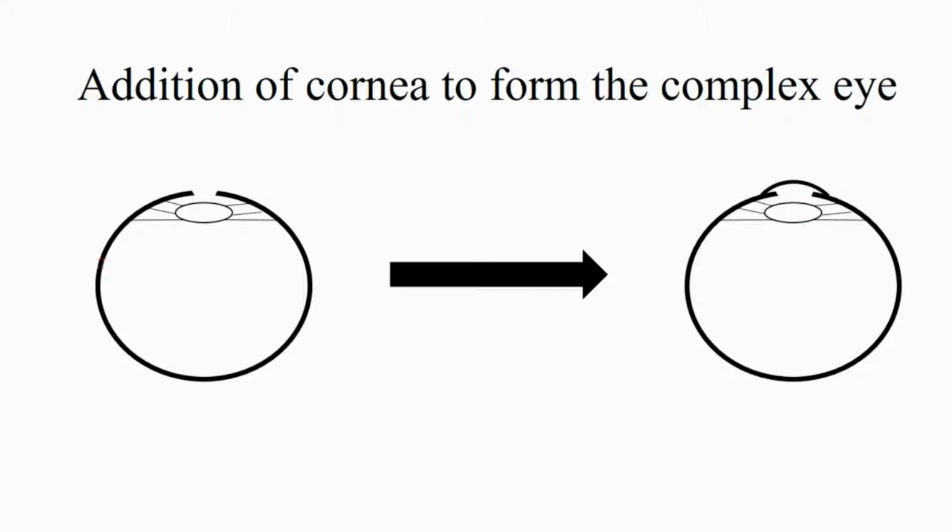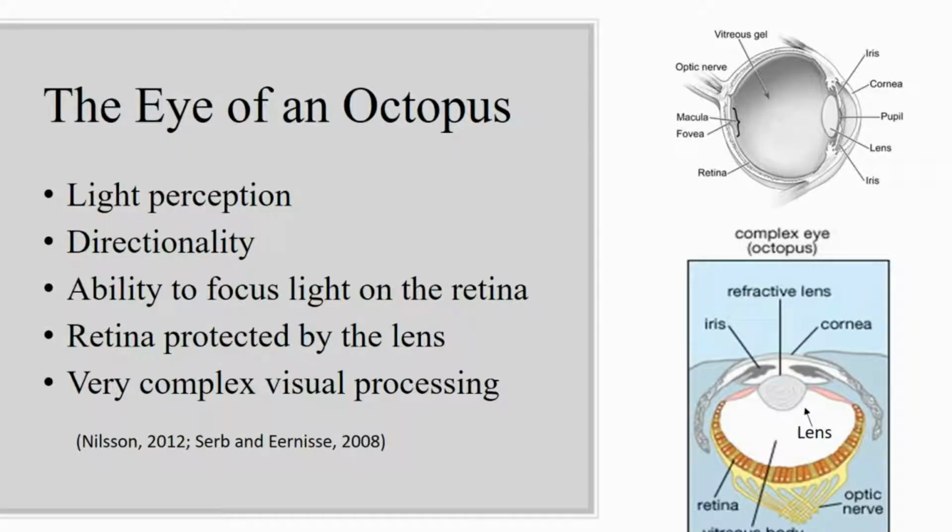With the addition of the cornea, we have even finer detailed vision. This is like the vision that you and I have when we are looking at something. Very fine detail. And we share this attribute with the eye of an octopus.